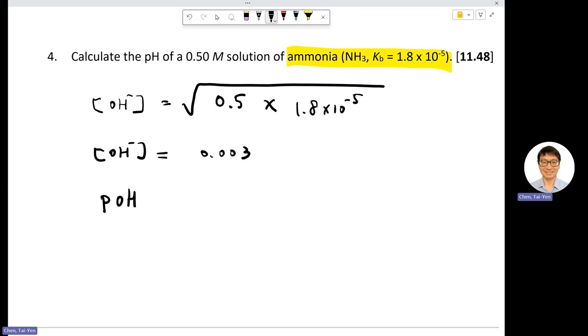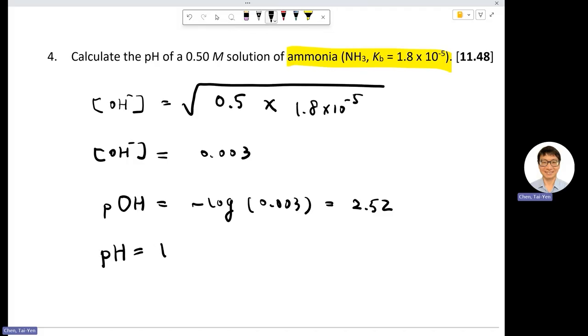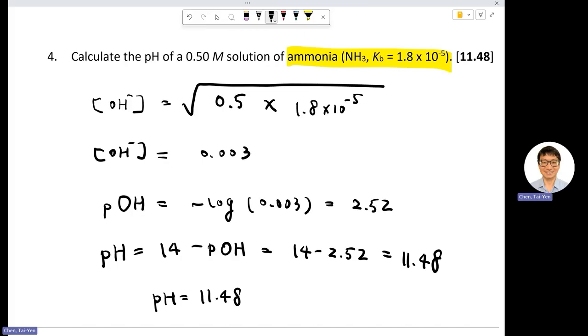Therefore, you can calculate your pOH, negative log of 0.003, which gives a value of 2.52. Then your pH equals 14 minus your pOH, 14 minus 2.52, which gives 11.48. So your pH equals 11.48.